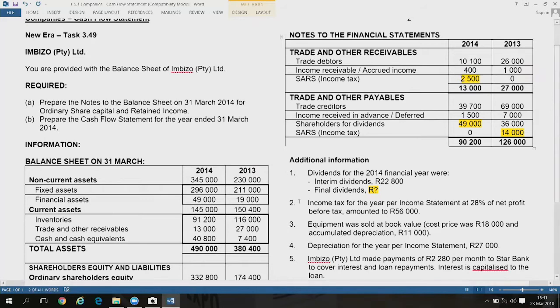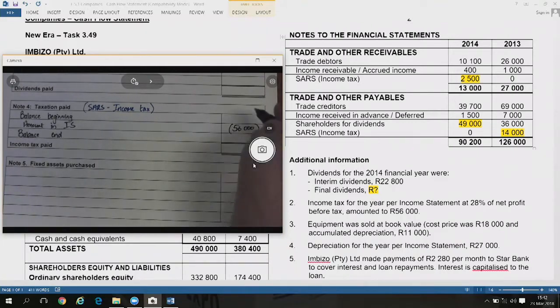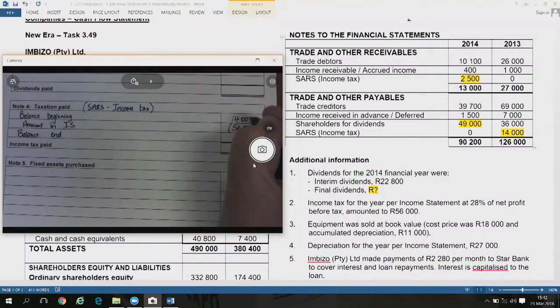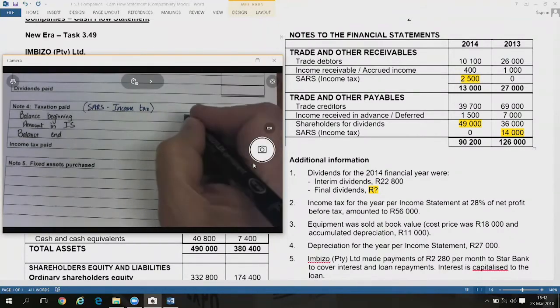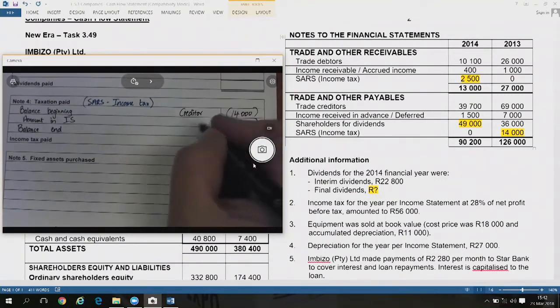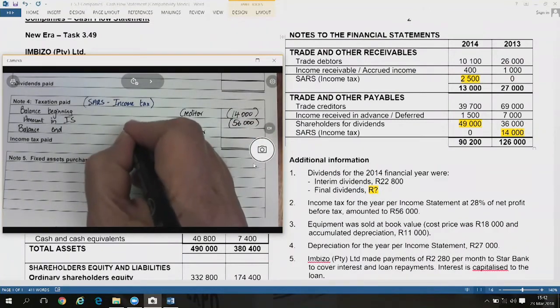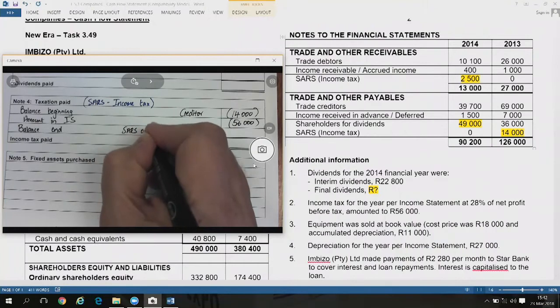Okay, so that means that we owed SARS 14,000 rand at the beginning of the year. Did we pay them? Yes. They start as a creditor and we must pay that amount that we owe from last year. Then SARS ends as a debtor. What is the meaning of a debtor? SARS owes us money.